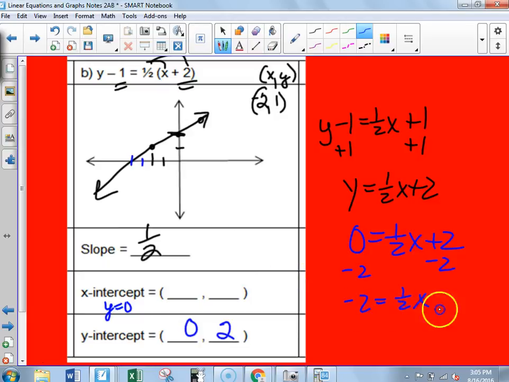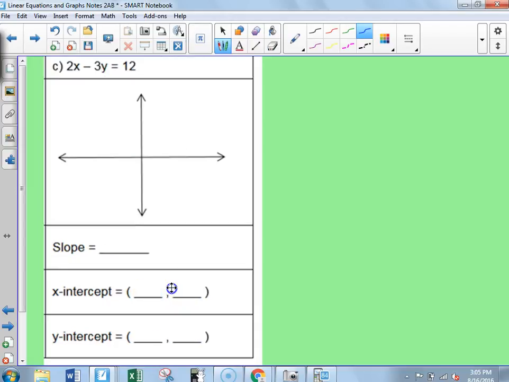To get rid of 1/2 x, we multiply by the reciprocal, so we get -4, right? Half of -4 is -2. Does that look like it could cross over here at -4? Are we all good? All right.